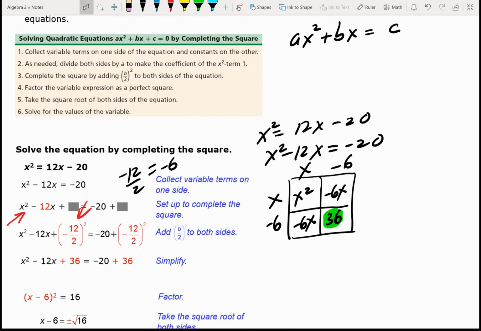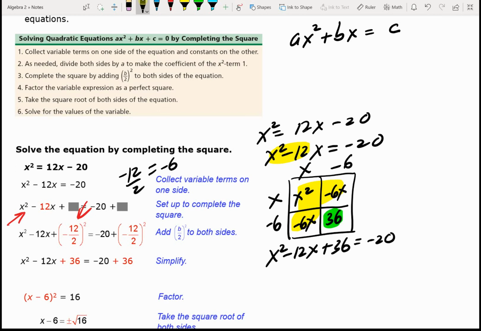But now notice what we have. We have x squared minus 12x plus 36. Well, x squared minus 12x is what we started with, and we still have that when we add that up. But now we added 36. We completed the square. We started with x squared minus 12x, we added 36 when we completed the square, but we have to balance the equation.